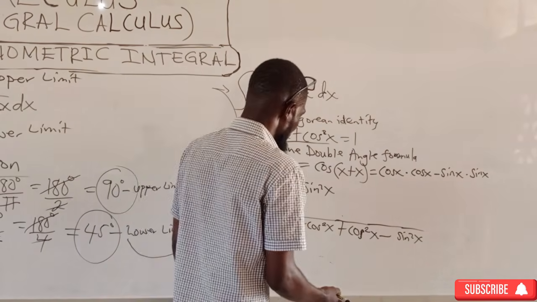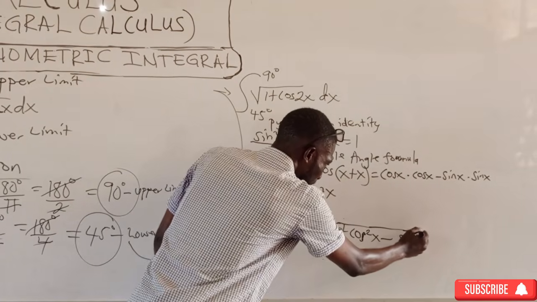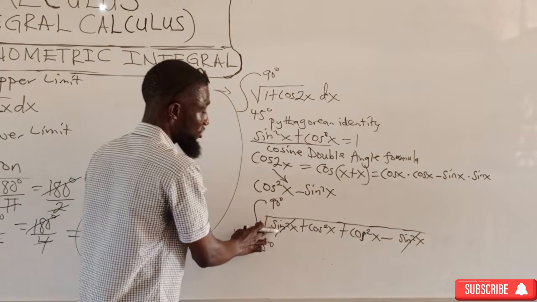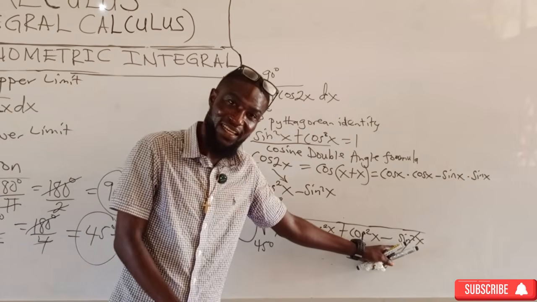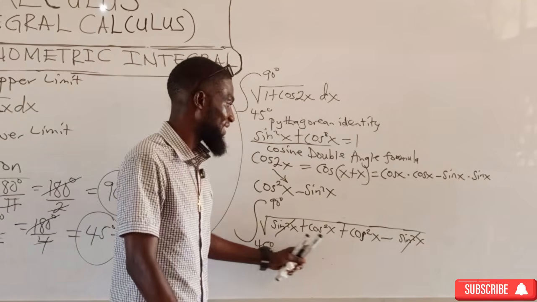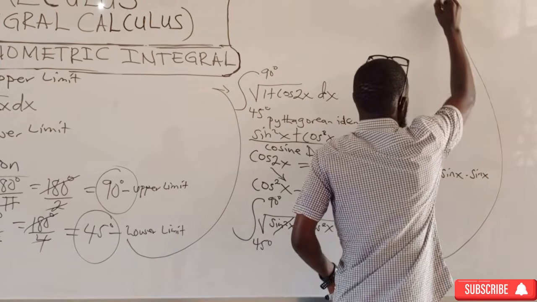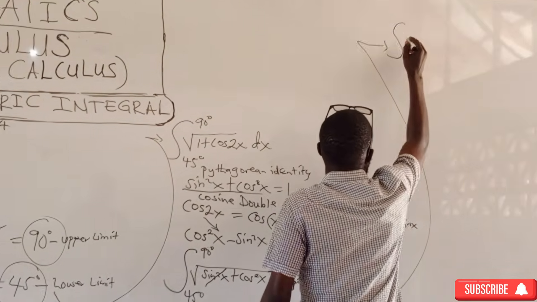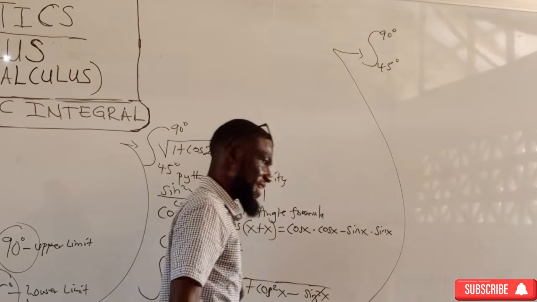What happened? Remember that this sin square x will be subtracting this sin square x. This sin square x will minus automatically this sin square x. So this and this automatically will cancel. So we see the integral from 90 degrees to 45 degrees.